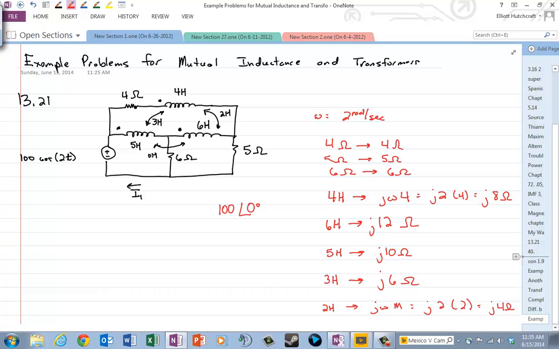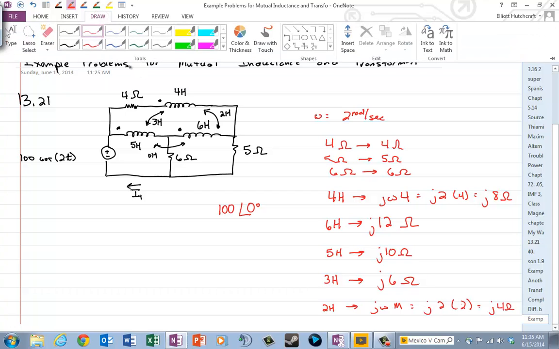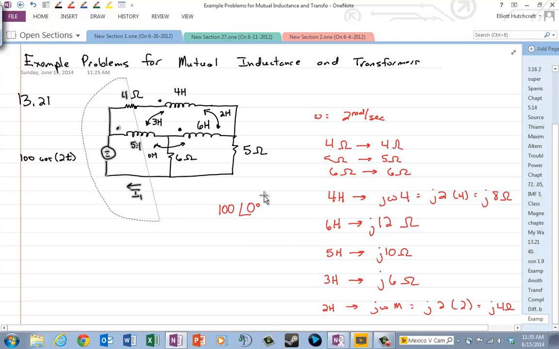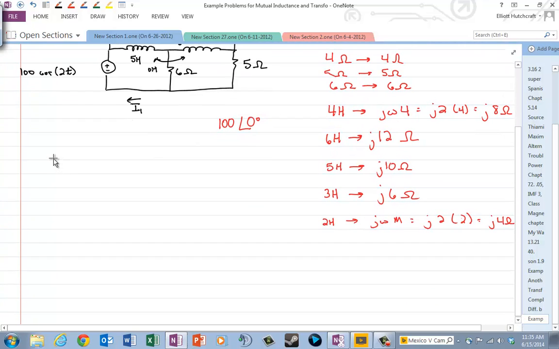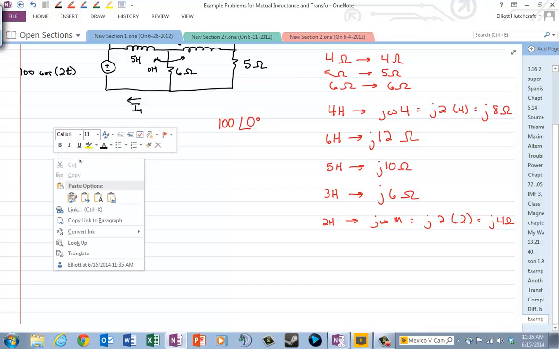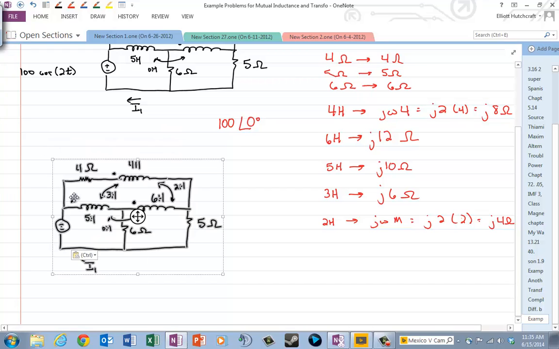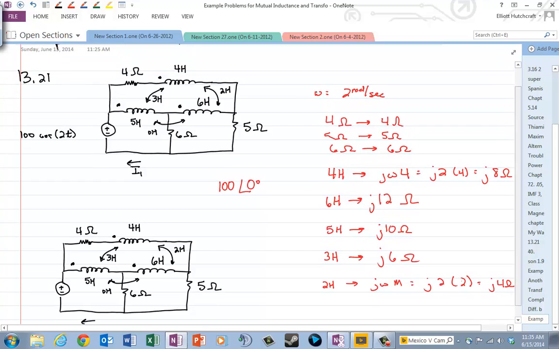So just to reiterate, we could redraw this circuit if I want to, and I'll select it and paste it back here. And so now, the 4 ohm, all that stuff will stay the same. In this particular case, I shouldn't have said I1 like that.